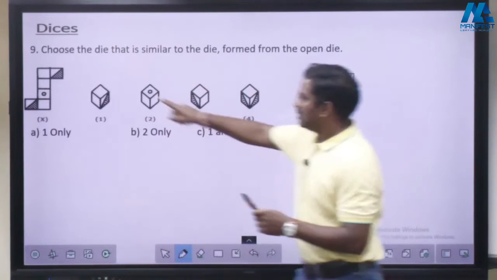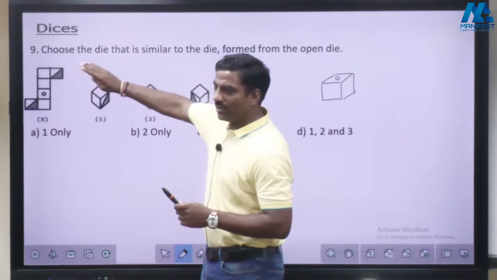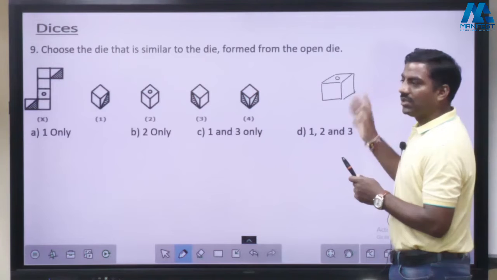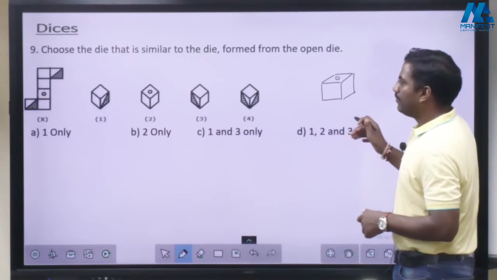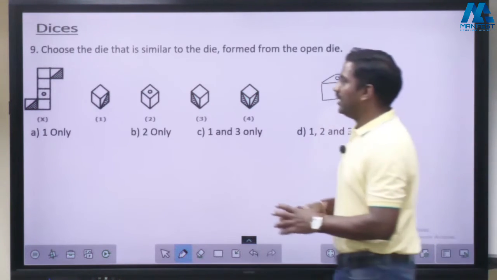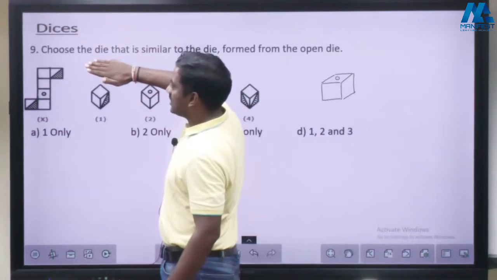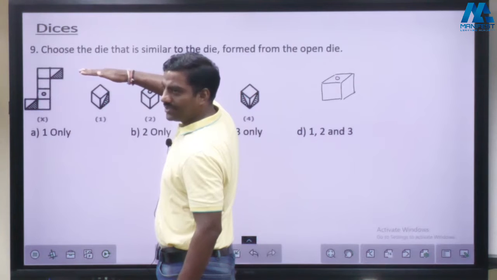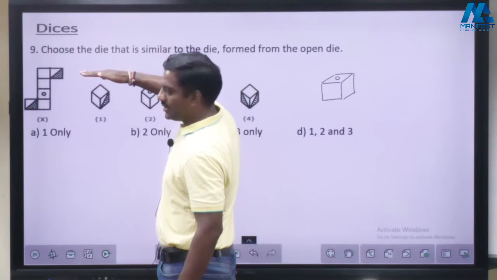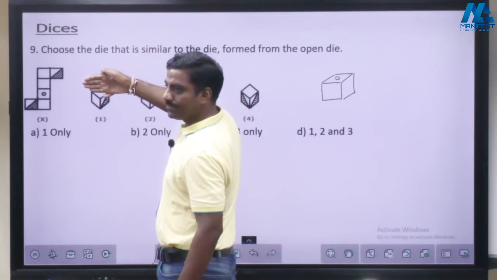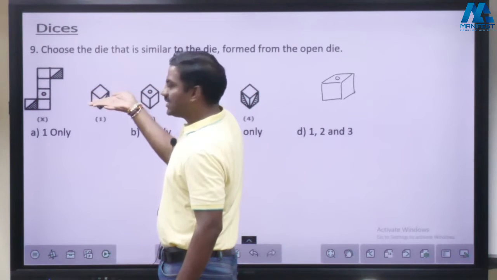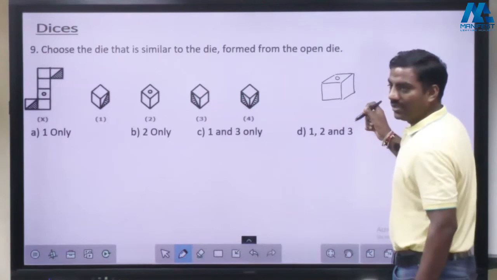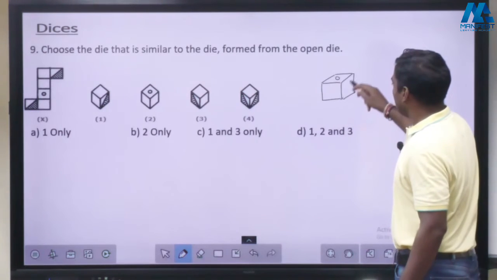Yes, this portion will be on the side, no? Then how the shape of this will be? Here it is like that. Then it is becoming like this. Then finally like this. So the same picture will be seen.